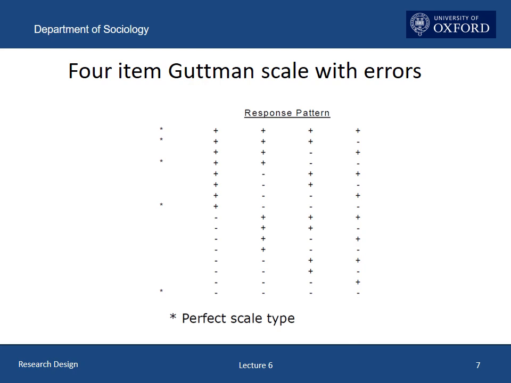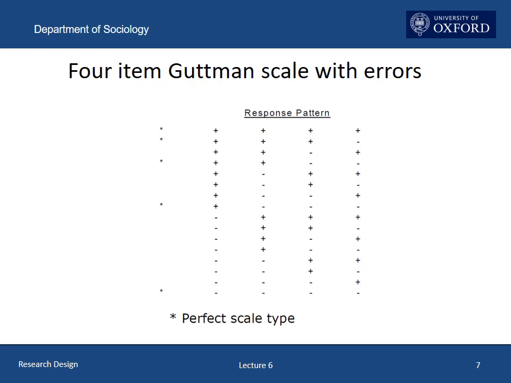There are a number of reasons why discrepant scale patterns might occur. One is simple random measurement error. Some respondents may just make a mistake in their response. Another possibility, and this is in a sense what the technique is meant to discover, is that the items are just not scalable, because they do not map neatly onto one single underlying latent dimension.